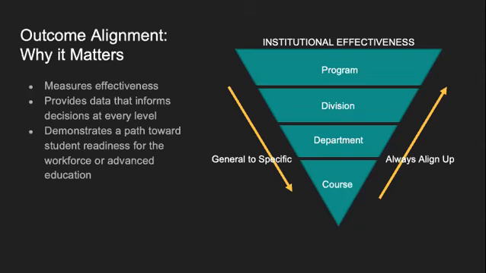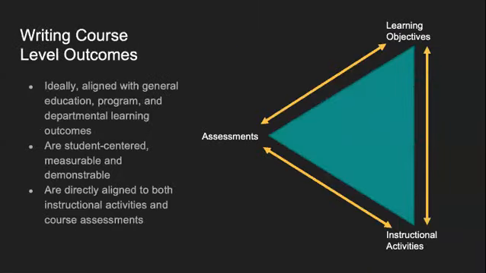Outcomes at the institutional level tend to be very broadly stated, and they narrow as they move down through programs, divisions, departments. The closer we get to course outcomes, the more specific those outcomes tend to be. At the course level, learning outcomes should in some way align with those broader outcomes written at the departmental or the program level.